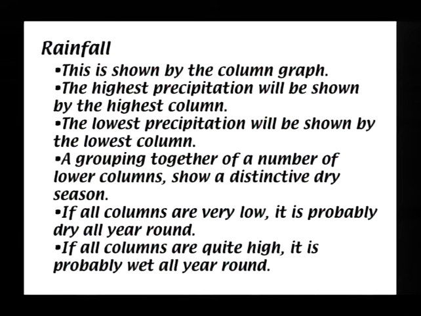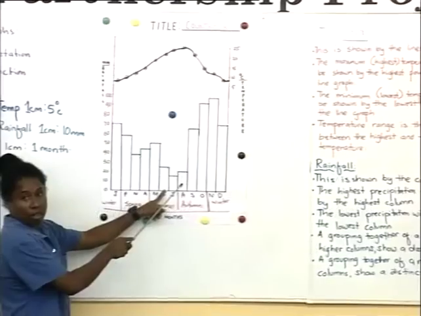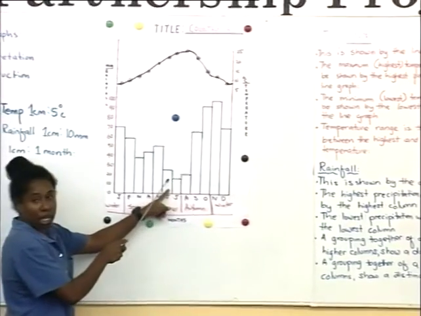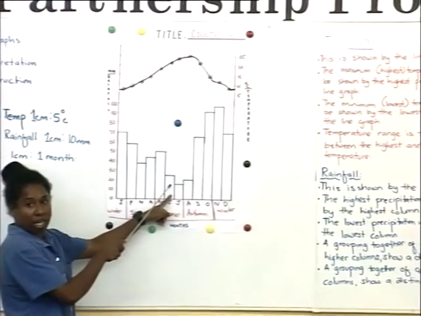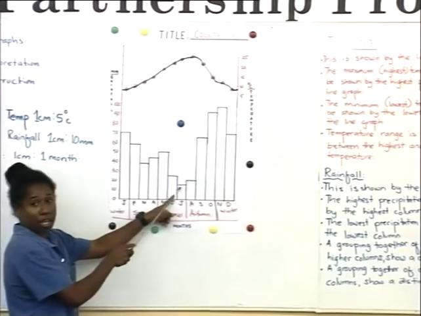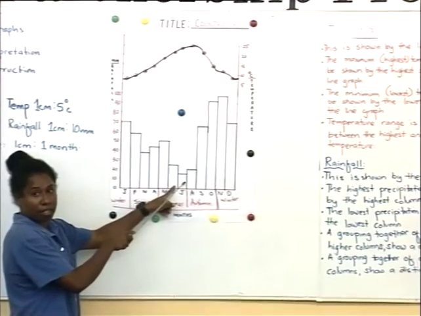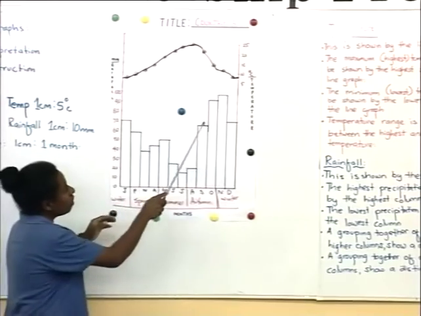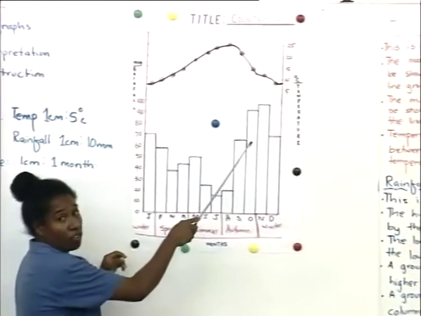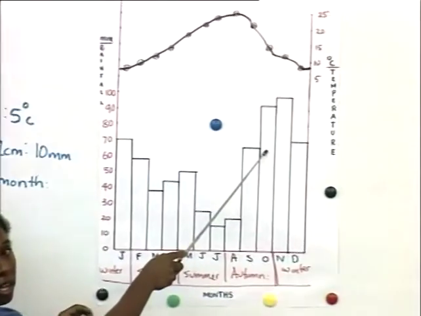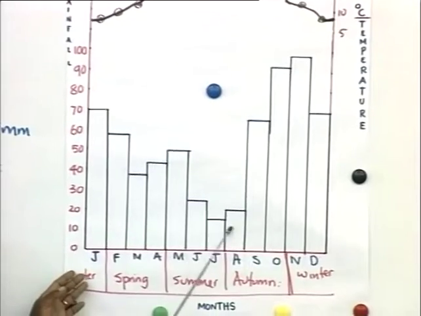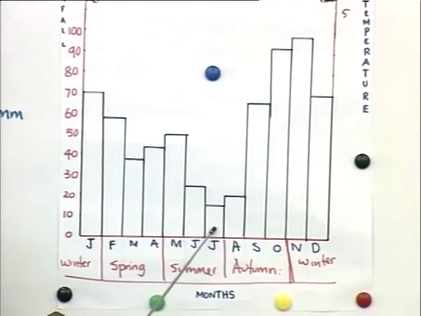Similarly, a grouping together of a number of lower columns will show a distinctive dry season. If we look at June, July, and August, we are grouping together those three low columns. Therefore, we can say these are the months where the rainfall is very low, a distinctive dry season. Distinctive wet season, grouping of high columns together. Distinctive dry season, grouping of low columns together.